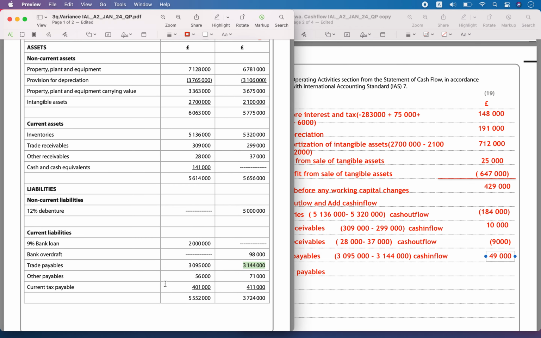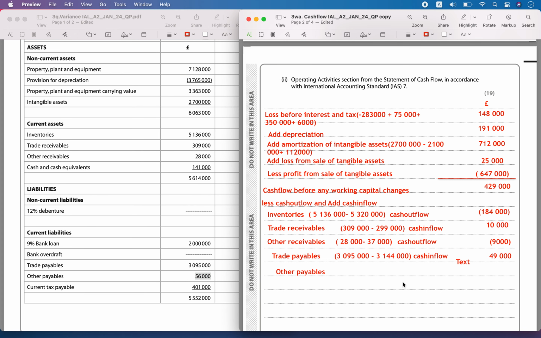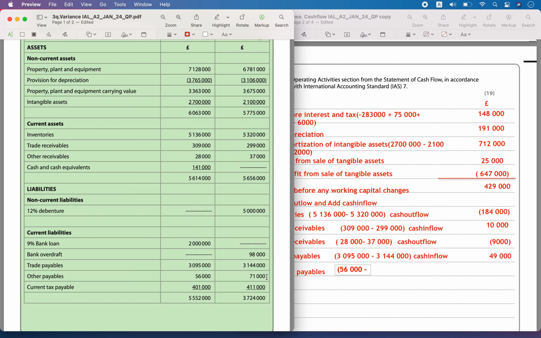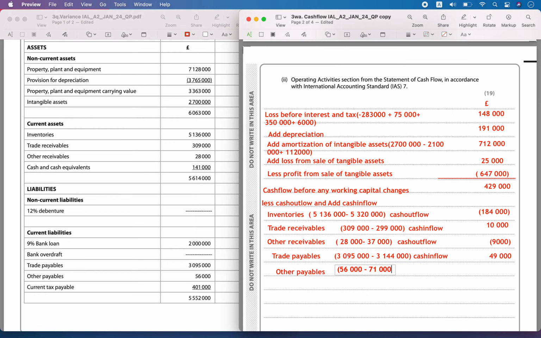Then other payables: it was 56,000 minus 71,000. An increase in other payables represents a cash inflow, so I will add that into the business. That is 15,000.